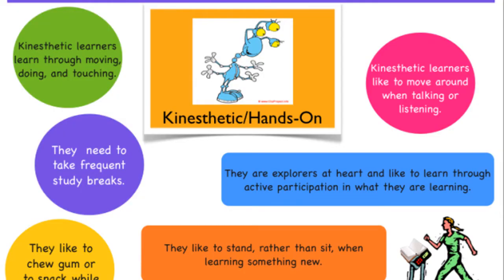The next one is the physical or kinesthetic, and this is basically the hands-on learner. So this is the type of learner that likes to be doing, that likes to be manipulating things with their hands. And you often see this in elementary schools where kids are learning math by using manipulatives and things of that nature. You see it in science classes when they're doing labs, but I don't think that we see it enough in all classes.